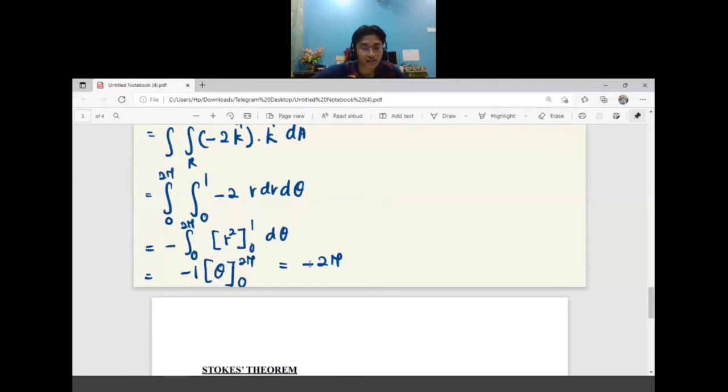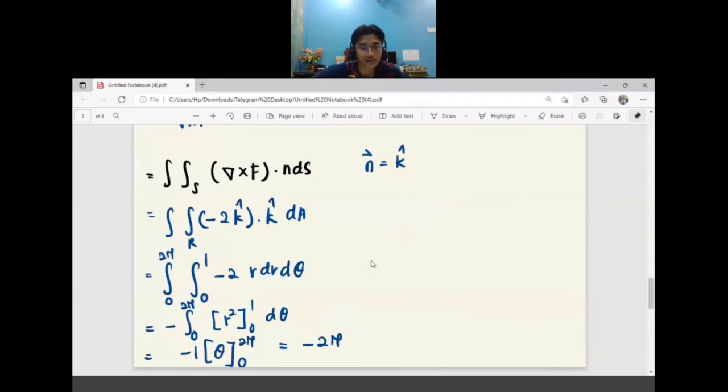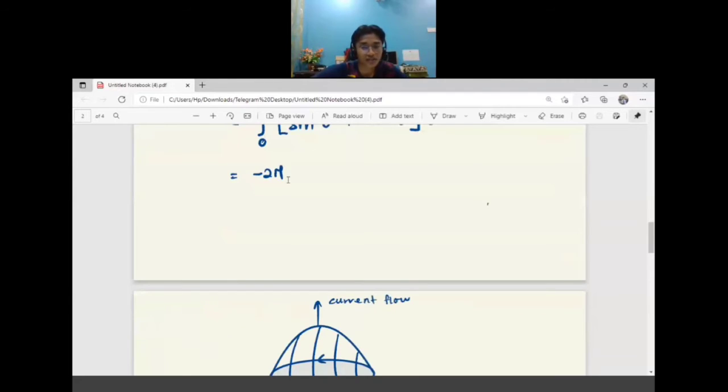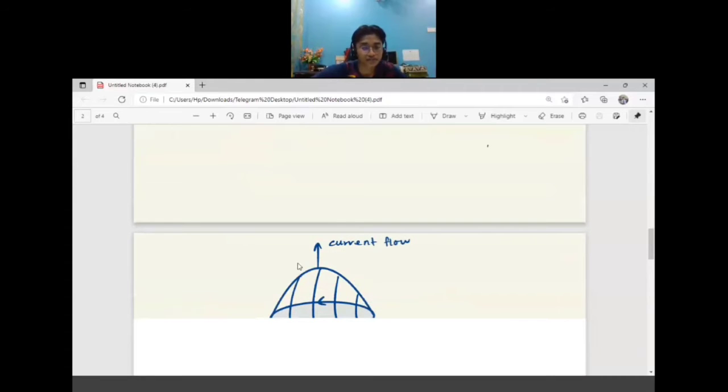And so we get the answer negative 2 pi. So we can see that we get the exact same answer. This proves that we get the same answer on the right hand side and the left hand side.